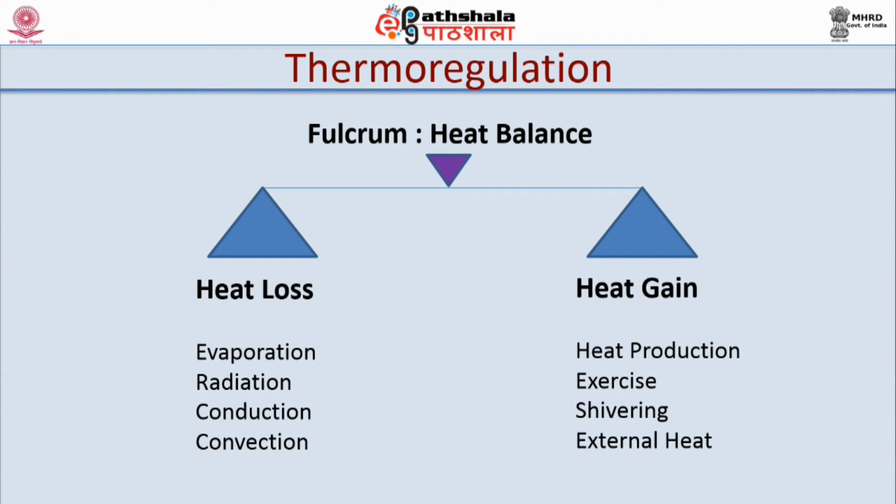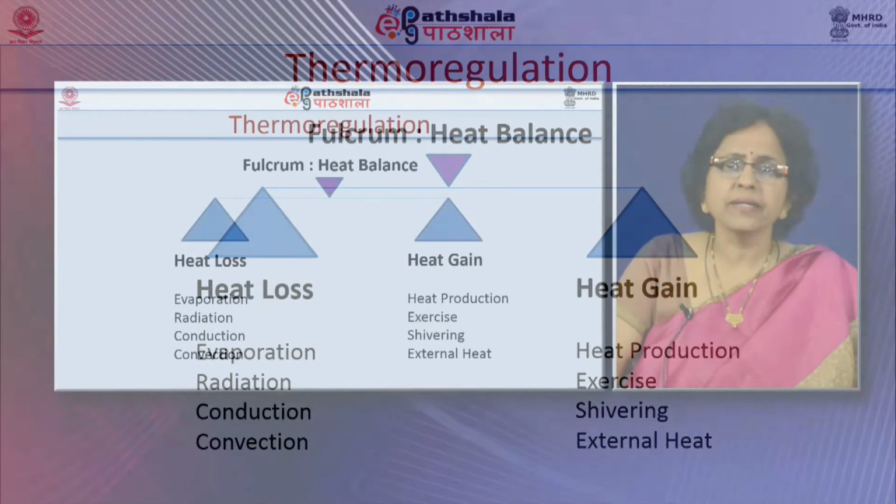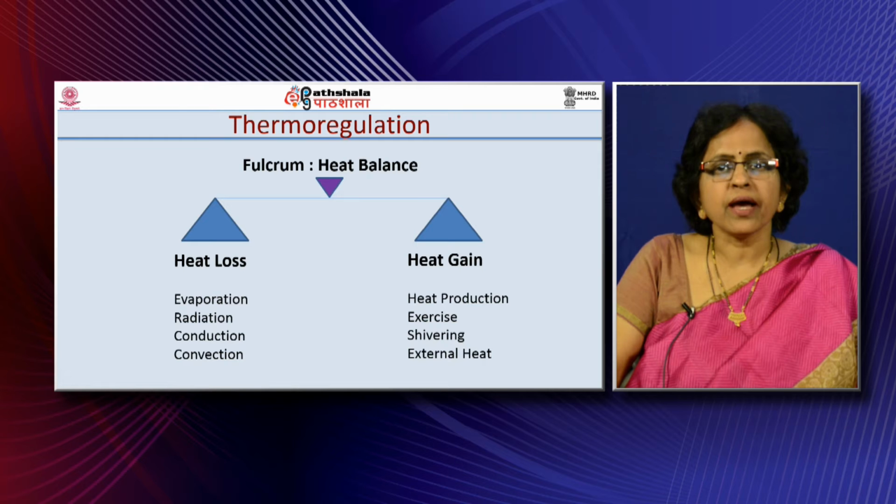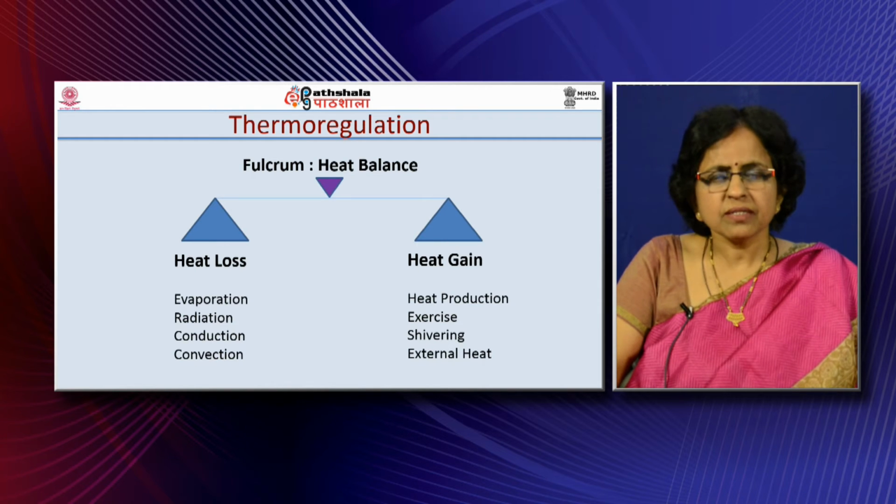Also when you are exercising, it produces heat because the metabolic rate is very high, and also shivering. Under freezing conditions, even if we do not have much winter clothing, the body has evolved a very nice mechanism, which is the shivering mechanism. This is actually one way to help regain the body temperature to normal.